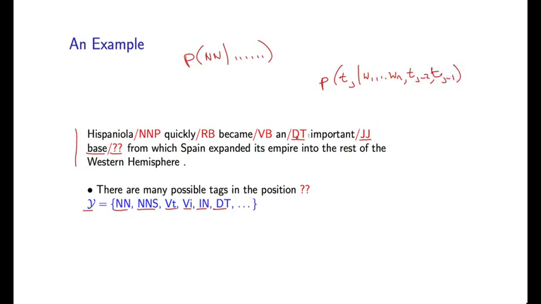So we can condition on the previous two tags, and we can condition on any information in the entire sentence. And of course, this is a very complex object that we're conditioning on. There are many, many possible features of this context which could be useful. And that's really the motivation for using log linear models in this context.